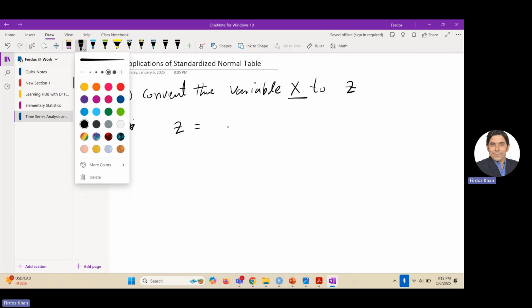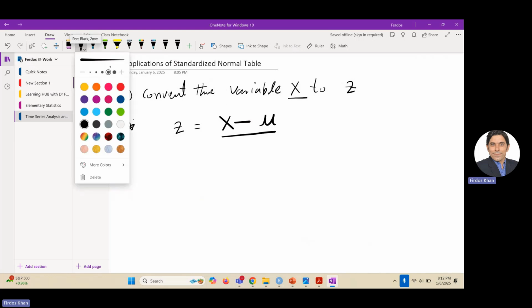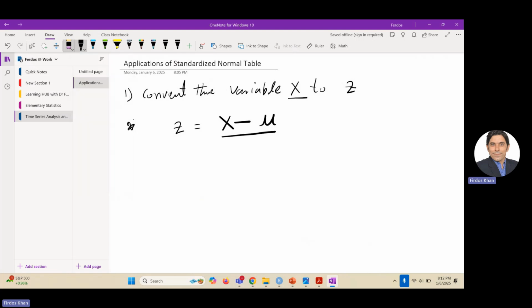So this means x minus mu or x bar. If it is population, then mu; if it is sample, then you need to use x bar.